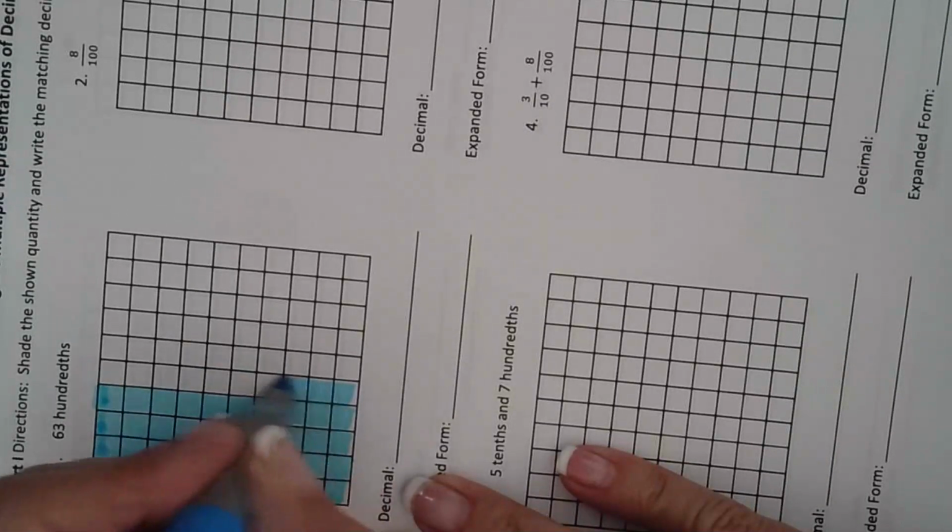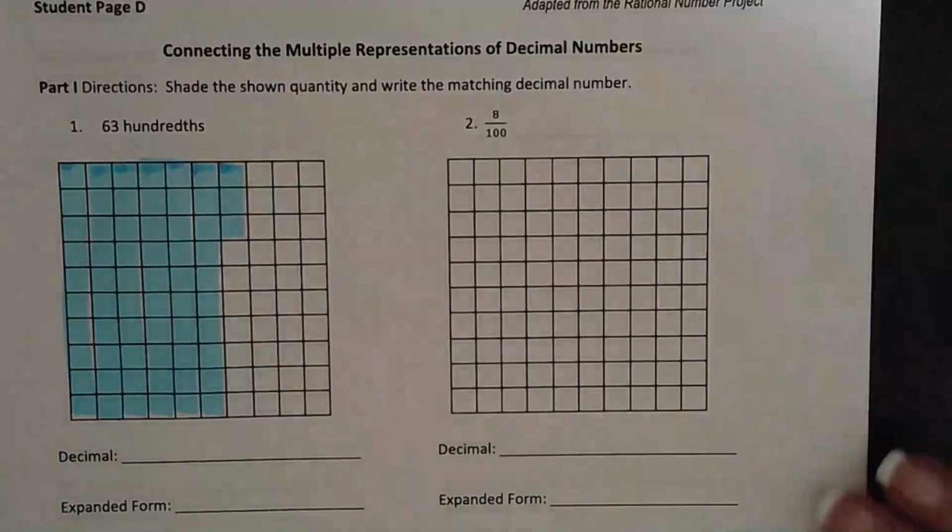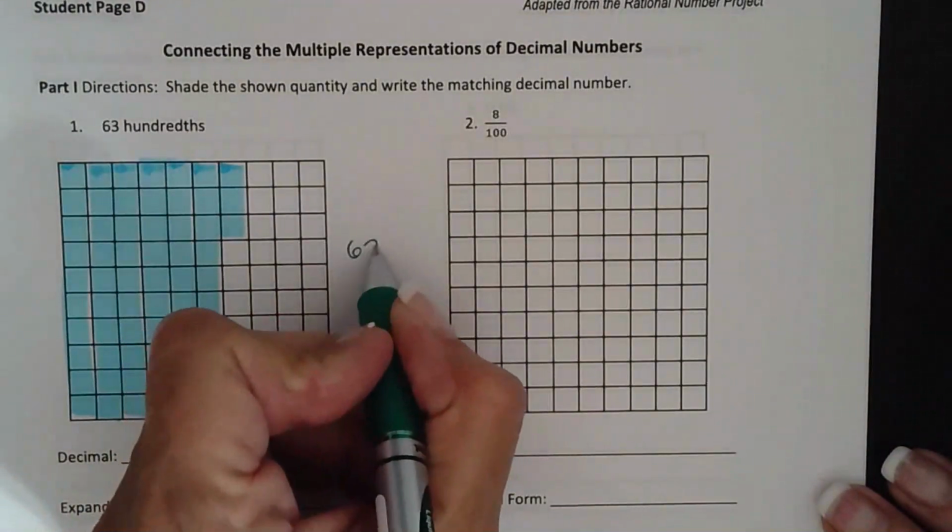63 hundredths. Shade the shown quantity and write the matching decimal. So 63 hundredths. So that means 63 out of 100. So there's 10, 20, 30, 40, 50, 60, 1, 2, 3. And we know the fraction is 63 over 100 from the last page.